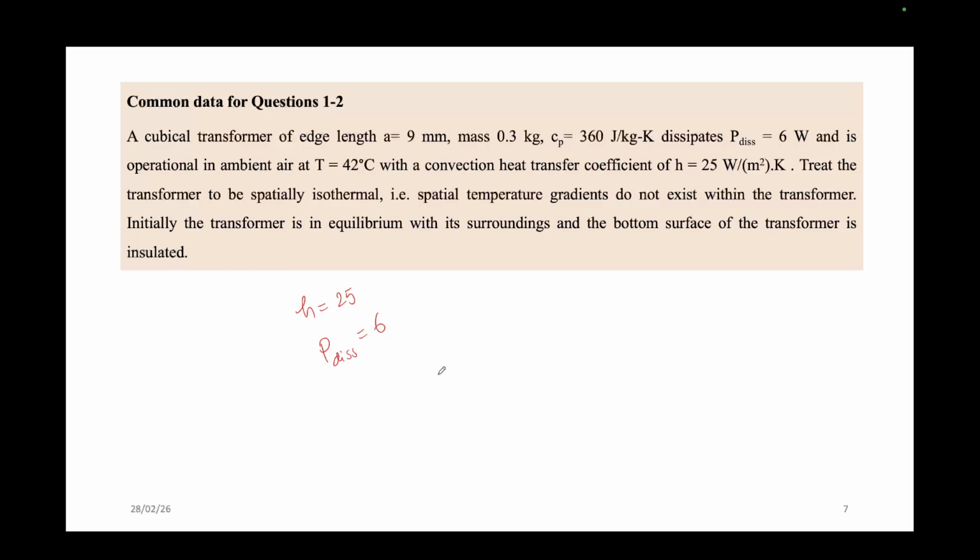Next, T infinity is given as 42. No temperature gradient exists within the transformer. That means they are saying that no conduction is there. No temperature gradient means no conduction. So the only heat transfer mode is convection, right? So what is the question?